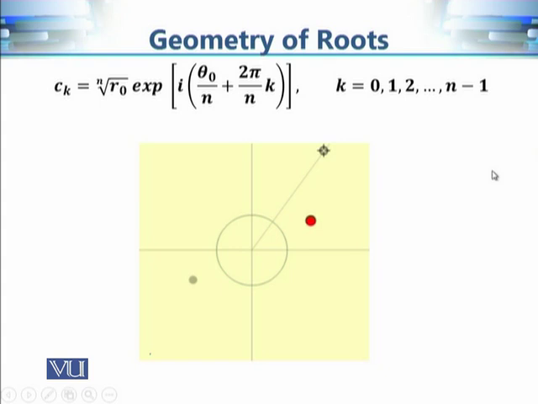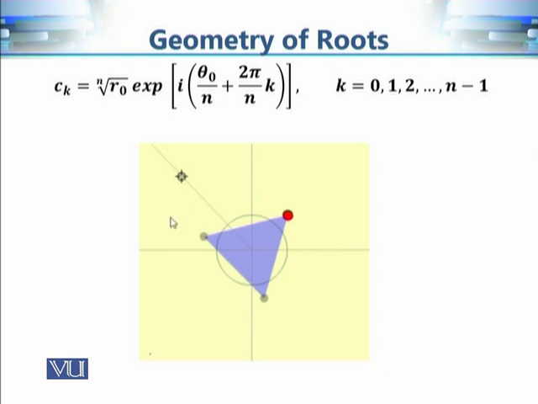When we consider n is equal to 2, in other words, consider square roots of a complex number, then these two complex numbers, which are the square roots of a given complex number, lie at the opposite ends of a line segment. And of course, if I change the complex number, then these two complex numbers will change, but they will always be at the opposite ends of a line.